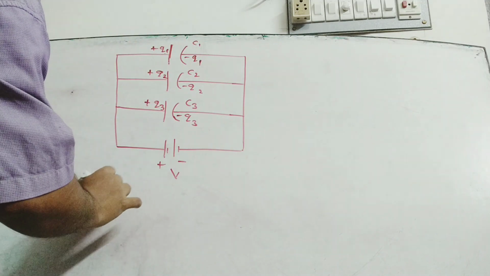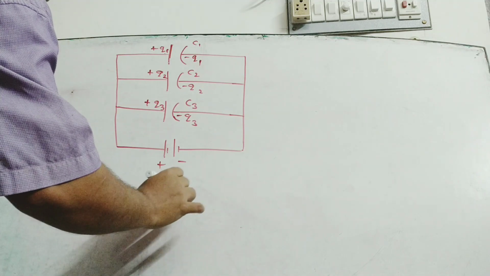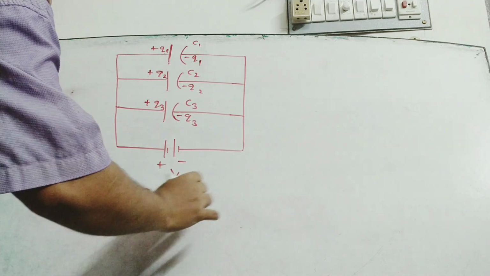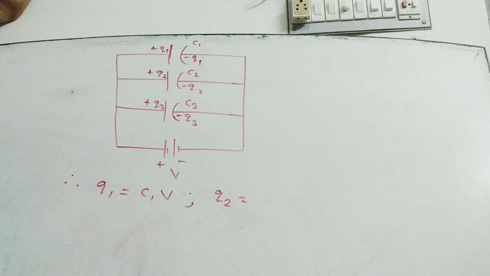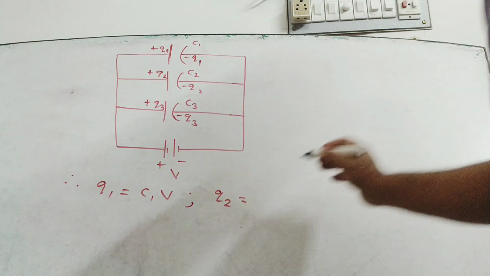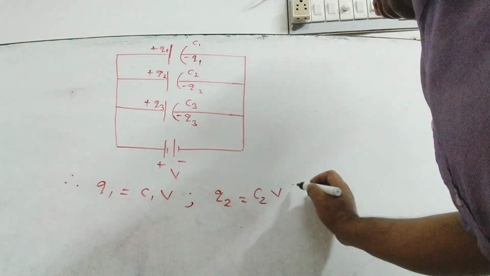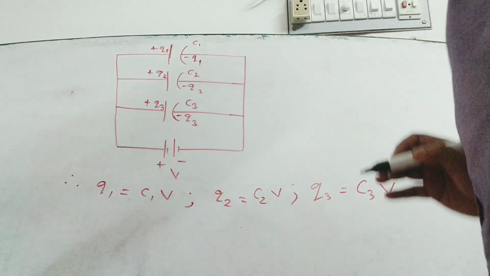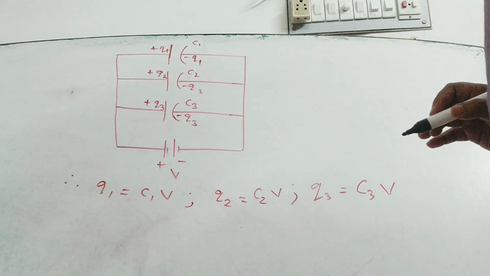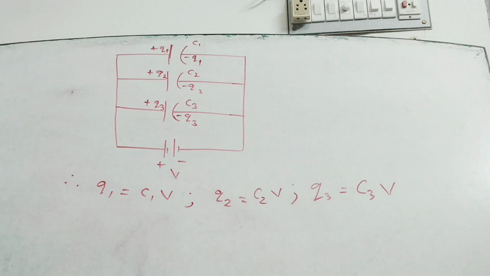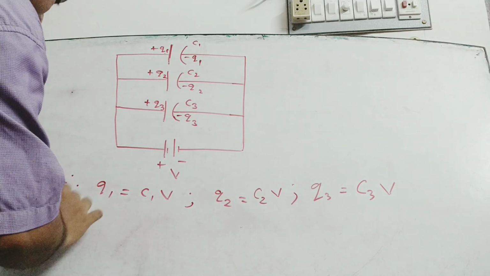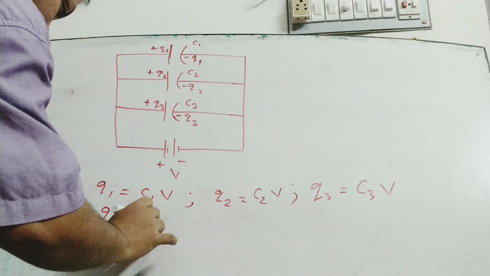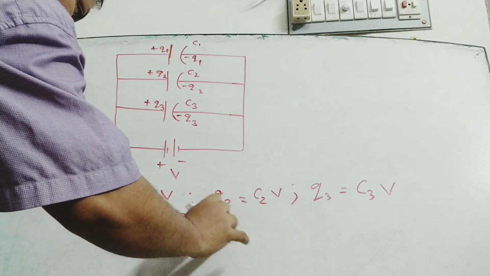Here Q1 is equal to C1 into V, Q2 is equal to C2 into V, Q3 is equal to C3 into V. Therefore, total charge of the system Q is equal to Q1 plus Q2 plus Q3.